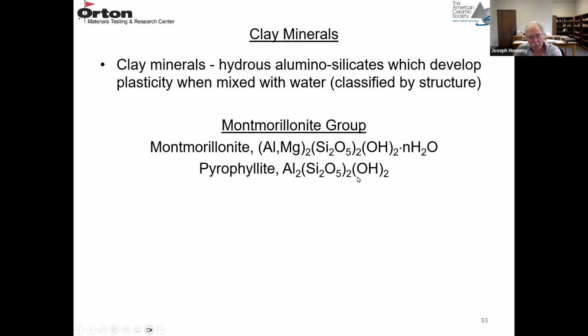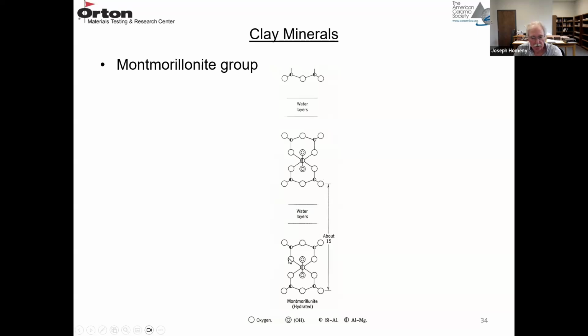So pyrophyllite is basically this triple layer structure without the substitutions. And montmorillonite has some aluminum ions on the silicon sites and some magnesium substitutions on the aluminum sites over here. Montmorillonite is hydrated, so there's a water layer in between.